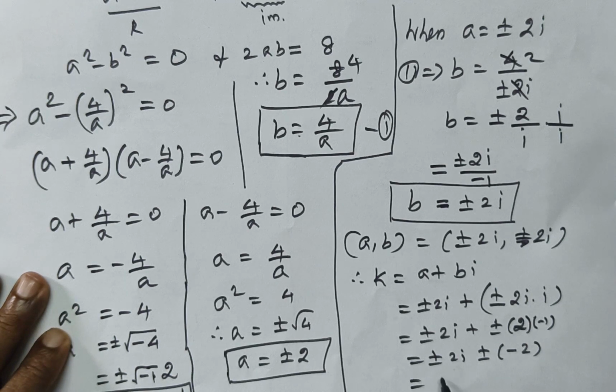That is plus or minus 2i plus or minus 2 only. Anyhow, plus or minus only. k is equal to plus or minus 2i plus or minus 2.